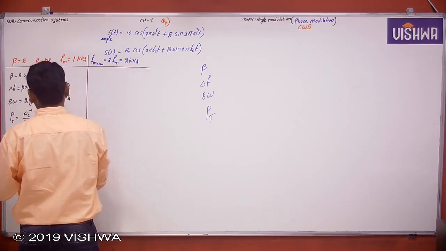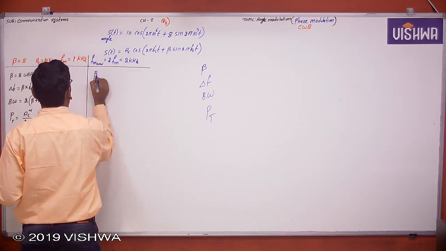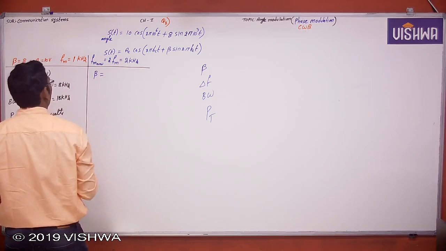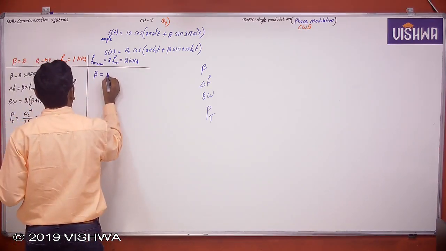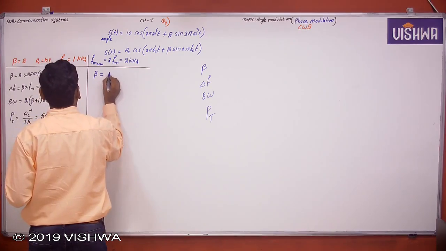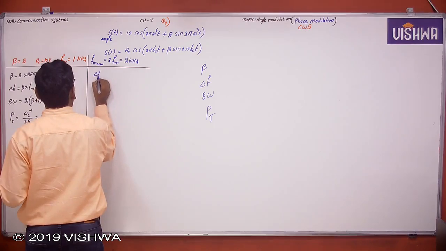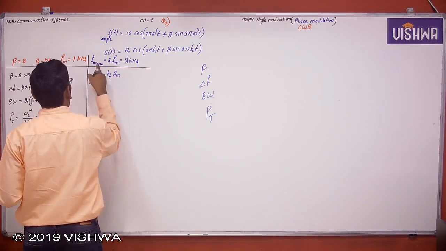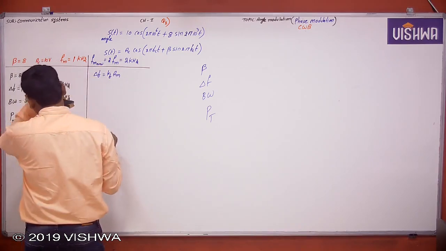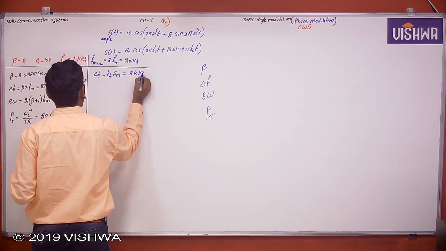Now the modulation index beta. What is the modulation index beta? Delta f is equal to kf into Am. So if the message signal frequency is changed, frequency deviation is not affected, so it is the same 8 kilohertz.